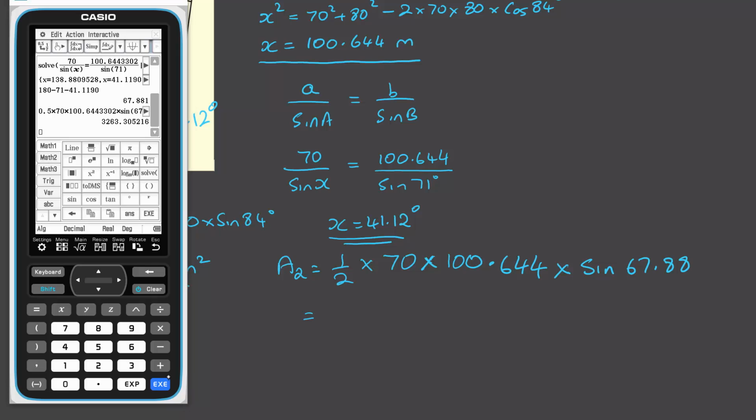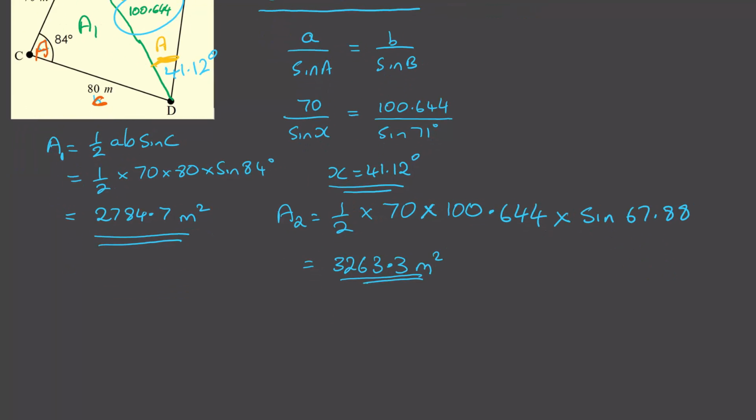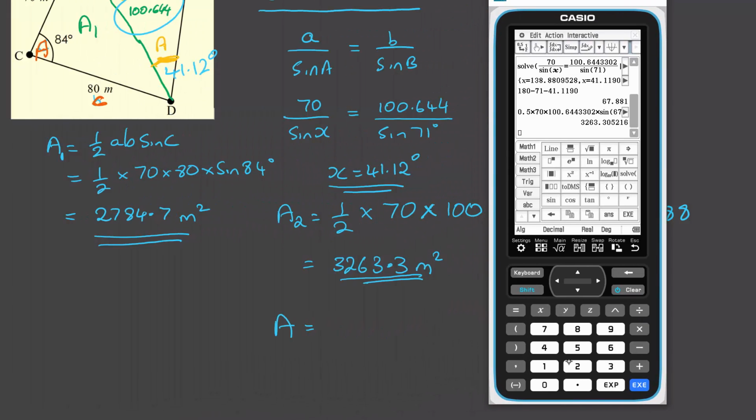And so that is 3263.3 square meters. And so the overall area is going to be 2784.7 add 3263.3, which is 6048 square meters.